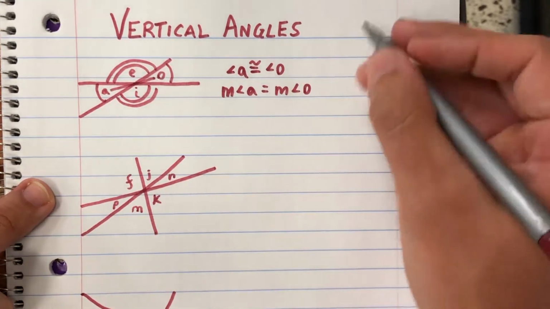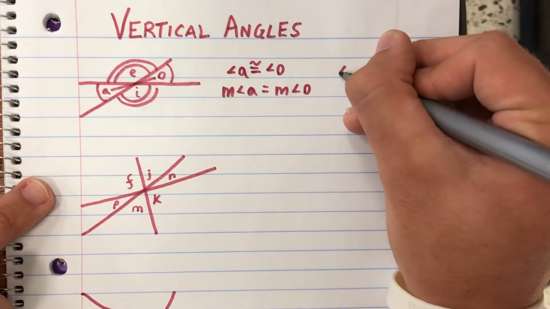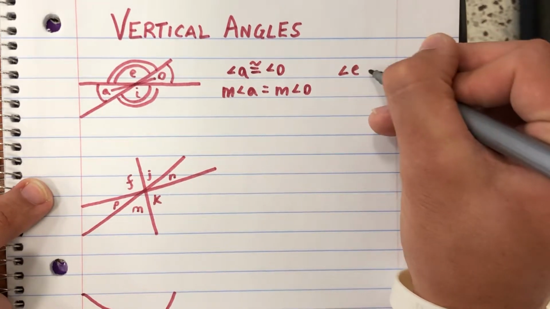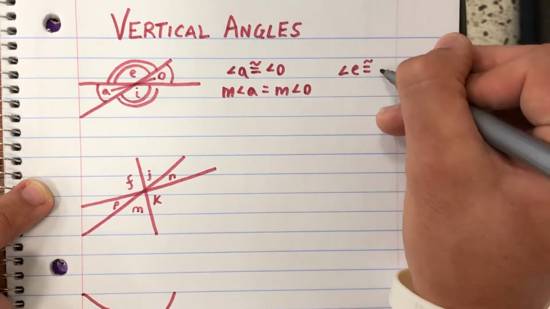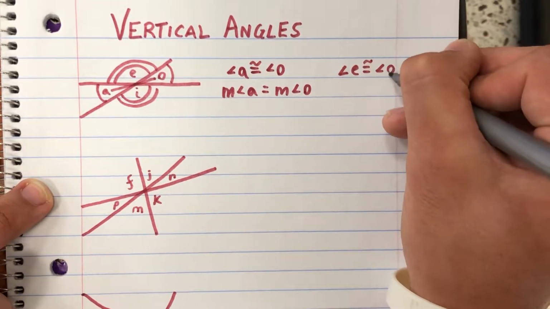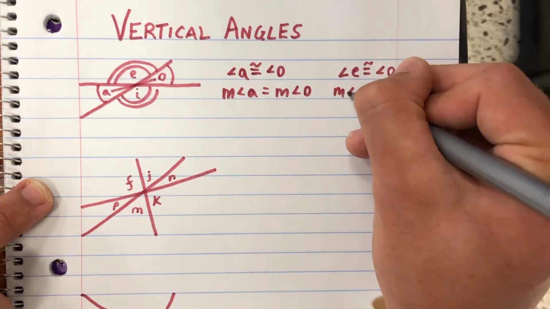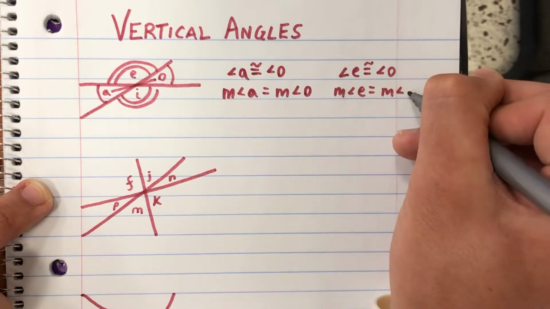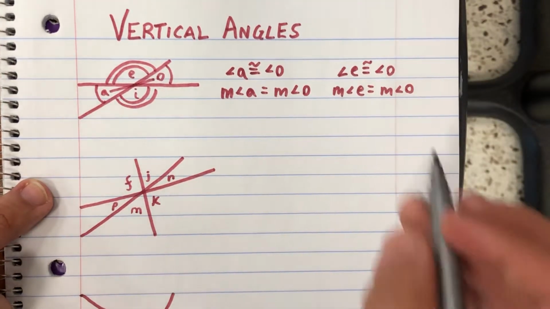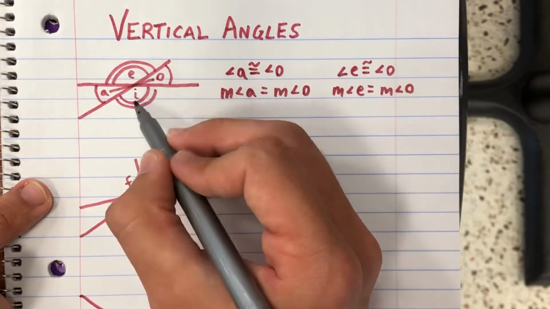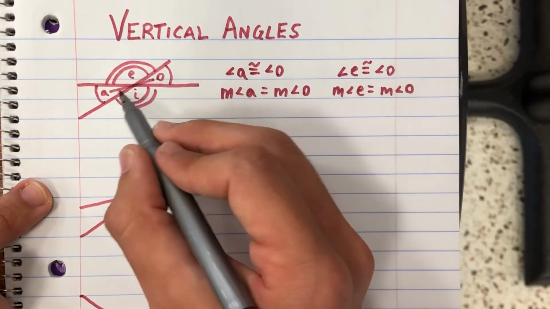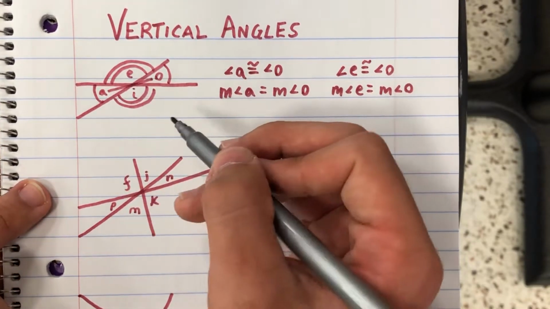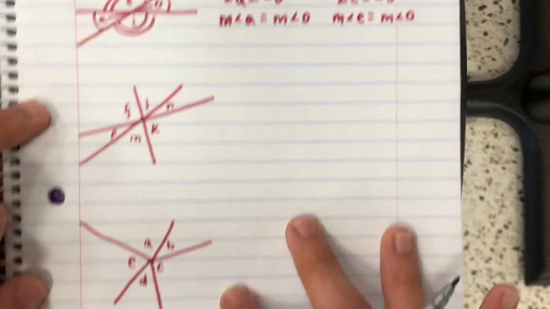So again, we could write another statement over here, that angle E is congruent to angle O, or that the measure of angle E is equal to the measure of angle O. We could say all those things because these two are vertical angles, and so are these two, because they are across from each other. This works even if there are multiple lines.